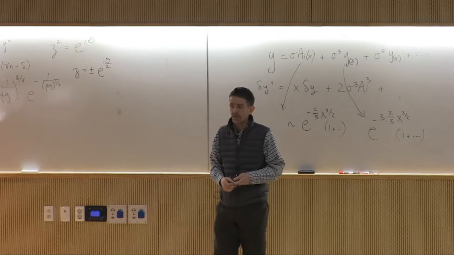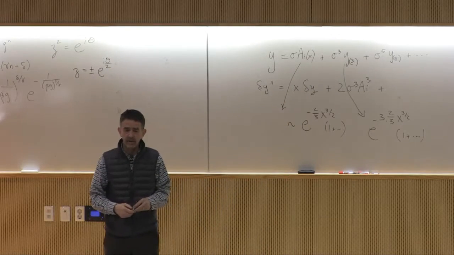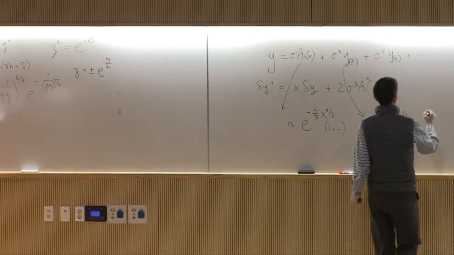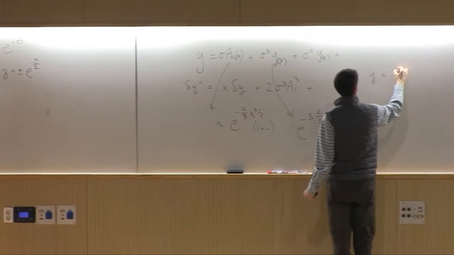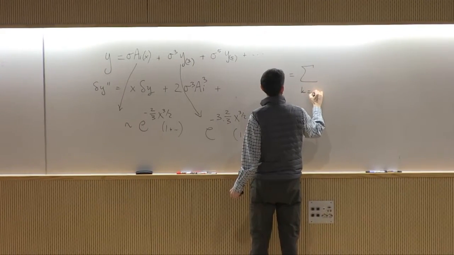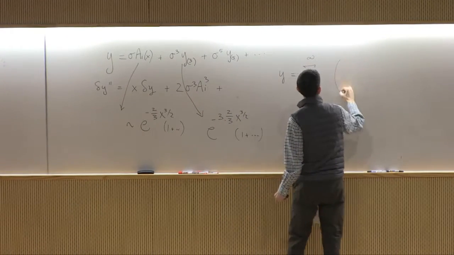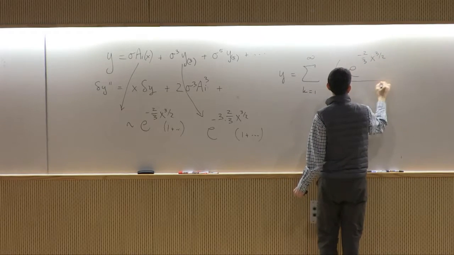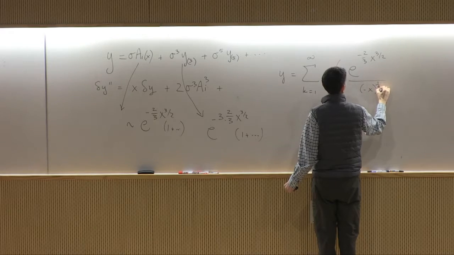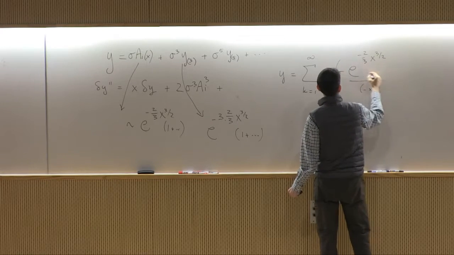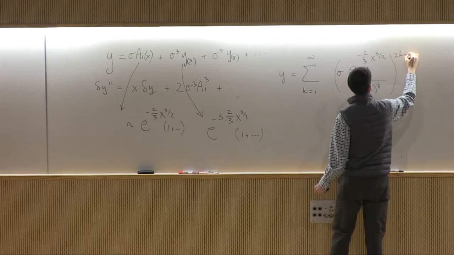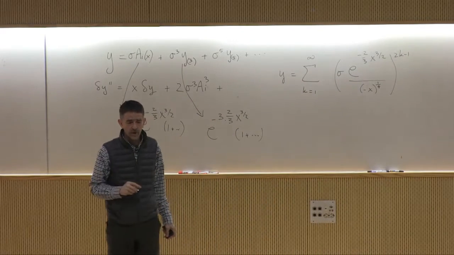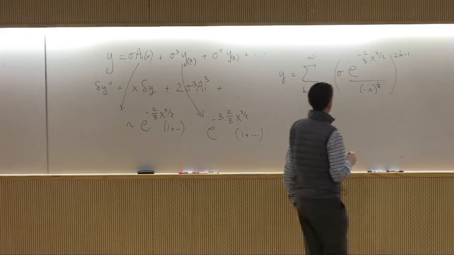So the full solution to this problem is in fact one of these Transseries that I was telling you about. The full solution y has the following structure. It's a sum k equals 1 to infinity, and there was this minus x to the 1/4 business, there's a sigma here, raised to odd powers, only the odd powers, and each of these is multiplied.